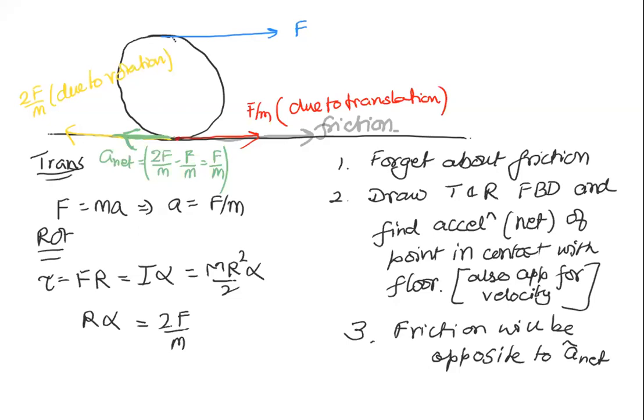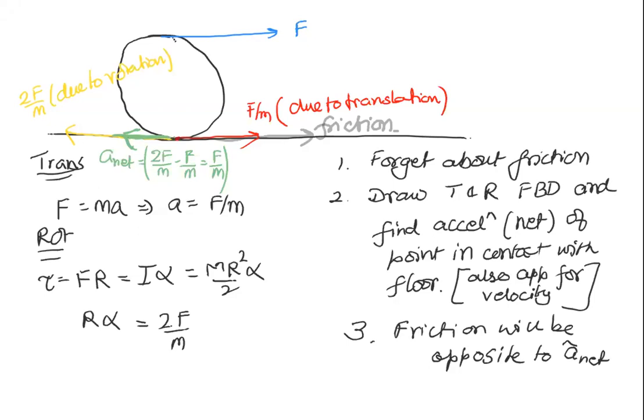then this tells me that if I were to pull the cylinder with a force F as shown, then the bottommost point would be accelerated backwards. That is the key. That is what you have to really understand.